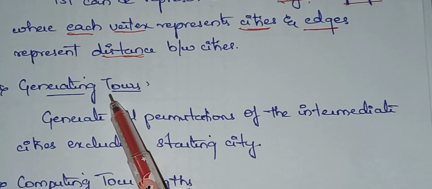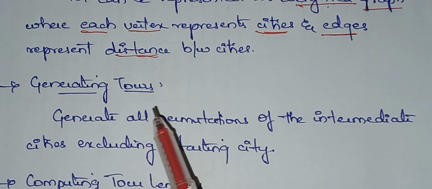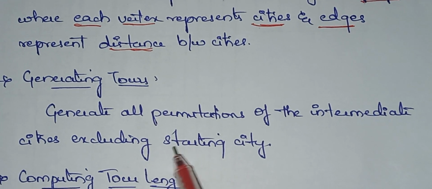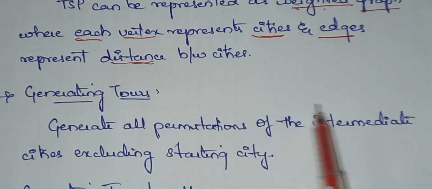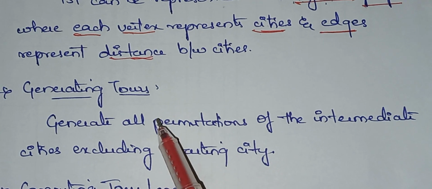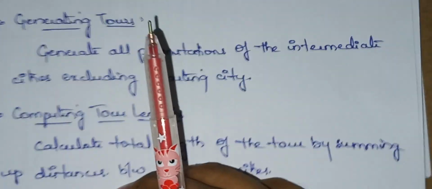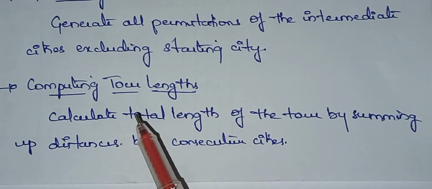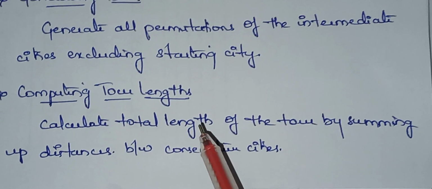Next, the second is generating tours. You have to generate all possible tours starting from the starting city through all the intermediate cities that are present. And next, you have to compute the tour length. So you have to calculate the length of each tour.